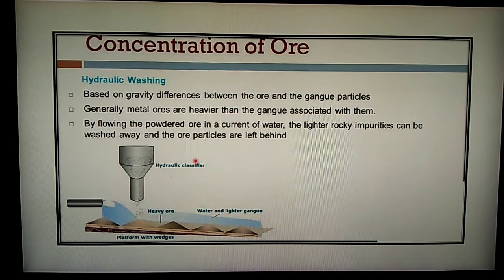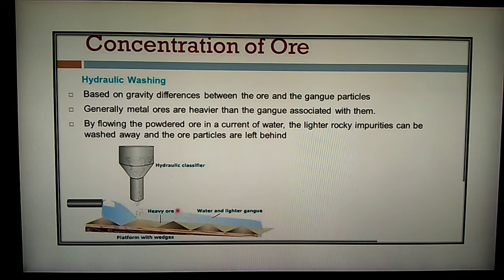So first of all, we take the powdered ore and introduce it into the hydraulic classifier. The ore is allowed to fall on the platform with wedges. Here there is a current of running water. I told you the raw ore consists of two components, one a heavier component, another a lighter component.